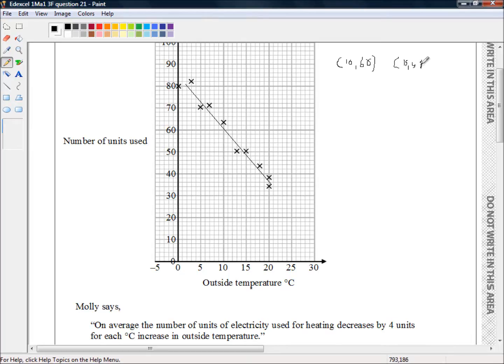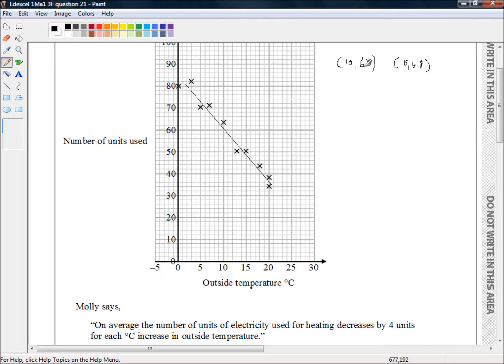So we want to divide how far it's changed on the y-axis by how far it's changed on the x-axis to get the actual slope, because we're looking to see how much the number of units of electricity have changed for each degree C increase in temperature. So how far up the y-axis has it changed?